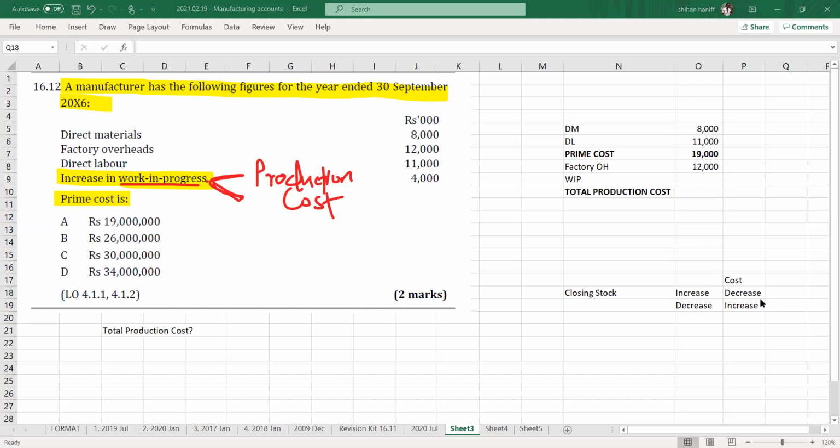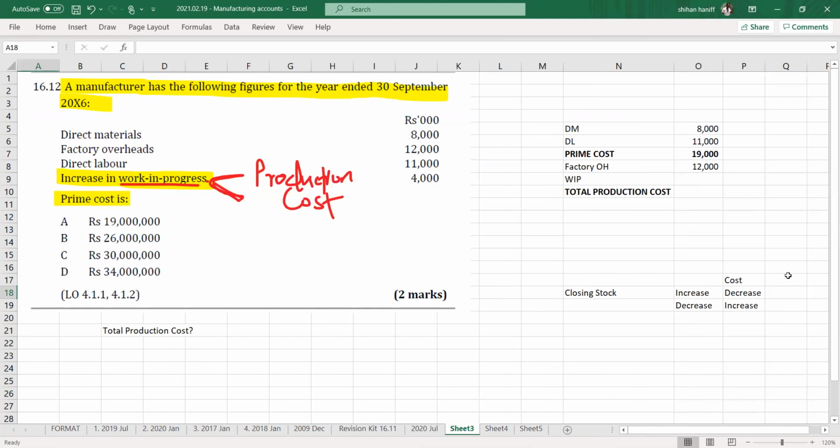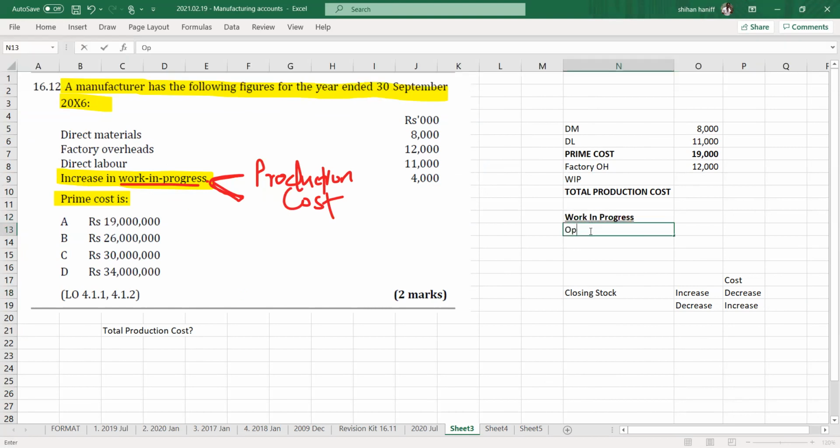Right. Let me explain once again. Take this example. Work in progress: opening stock minus closing.